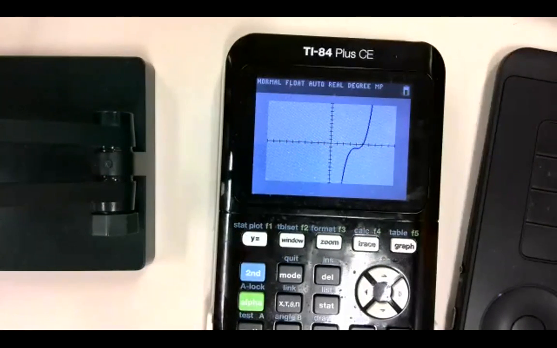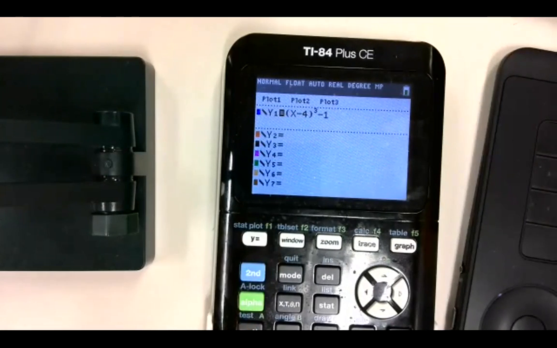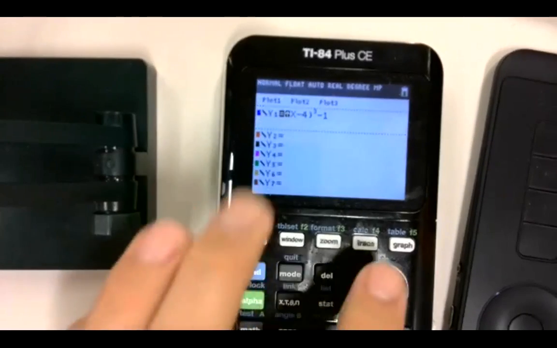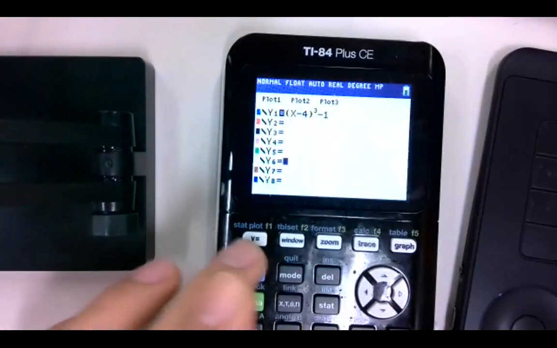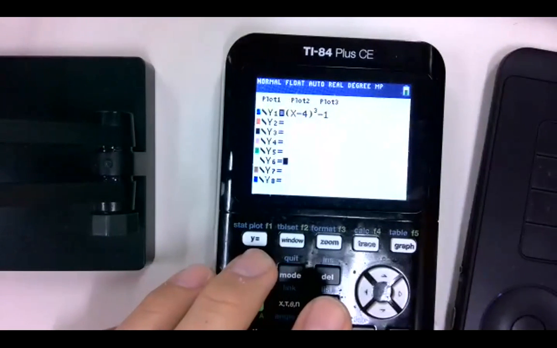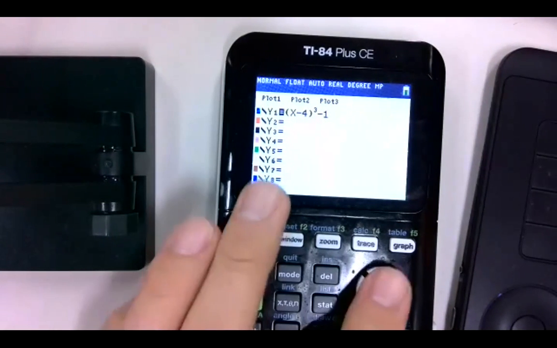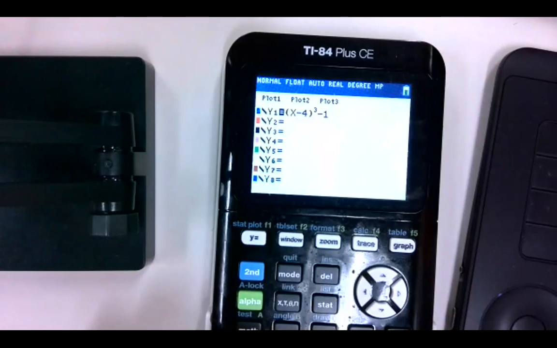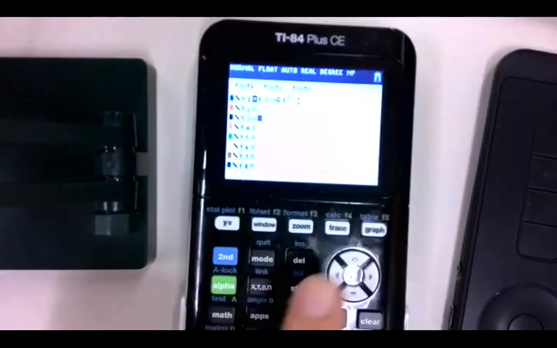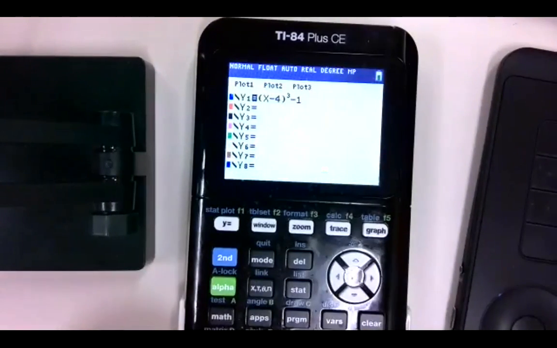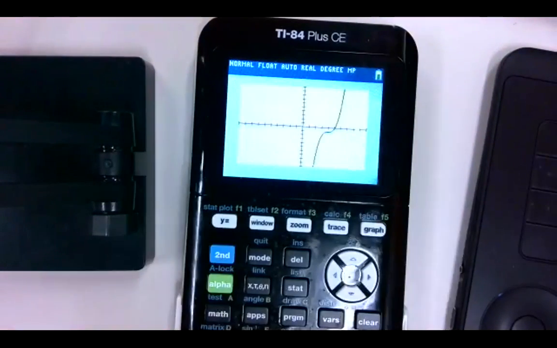So you can always type this in. Again, to get to the third, you hit the caret button, this one right here, that up button. Type in the 3 and then make sure you hit the over again. Once you're there, you can graph it and that should show you what it looks like.